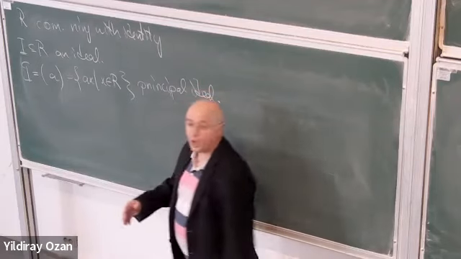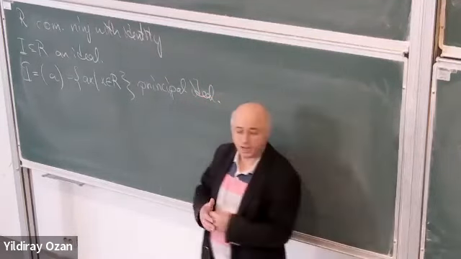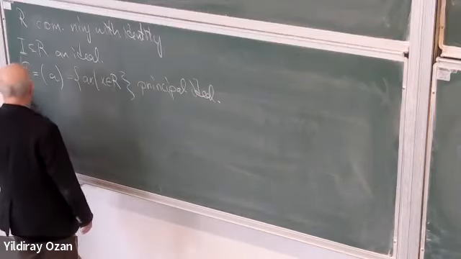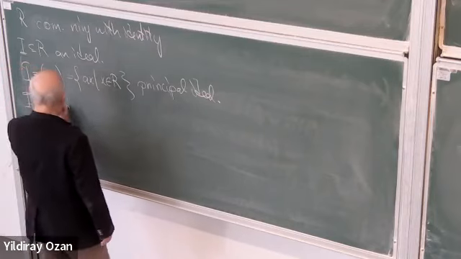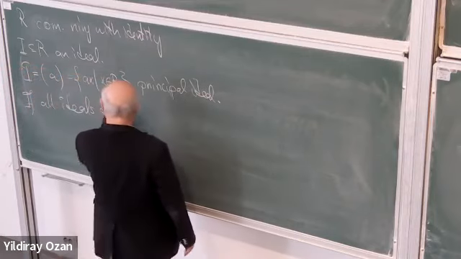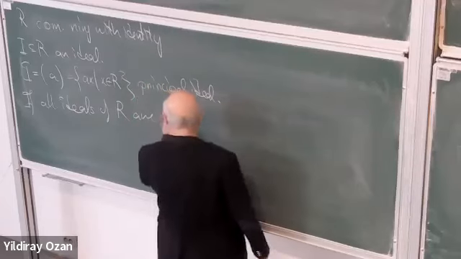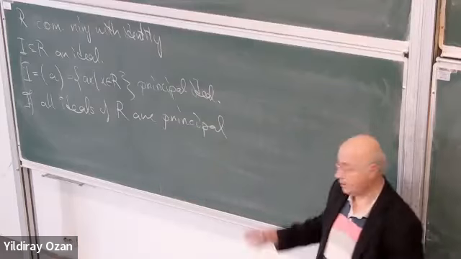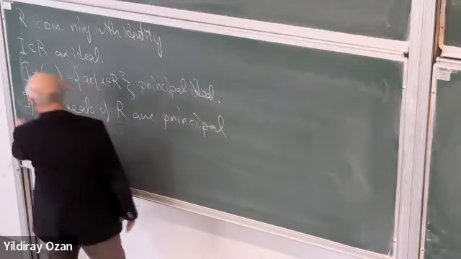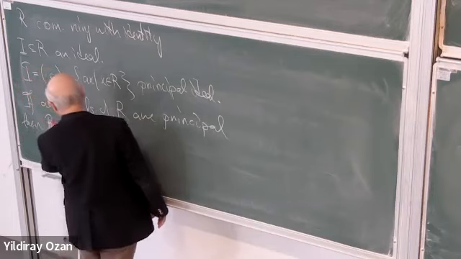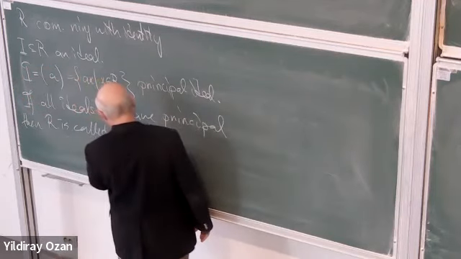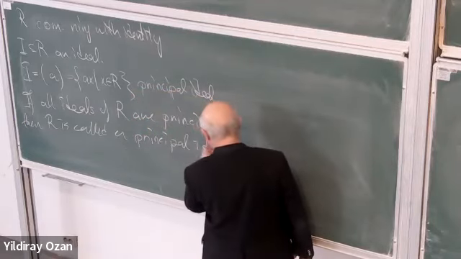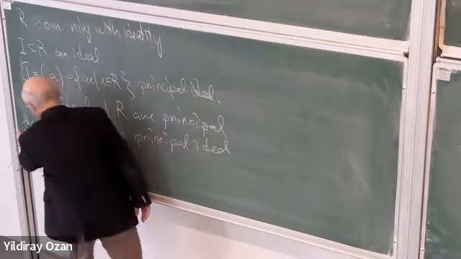And if all the ideals in a ring are principal, then we call that ring a principal ideal domain. So if all ideals of R are principal, so if they are generated by a single element, then R is called a principal ideal domain.